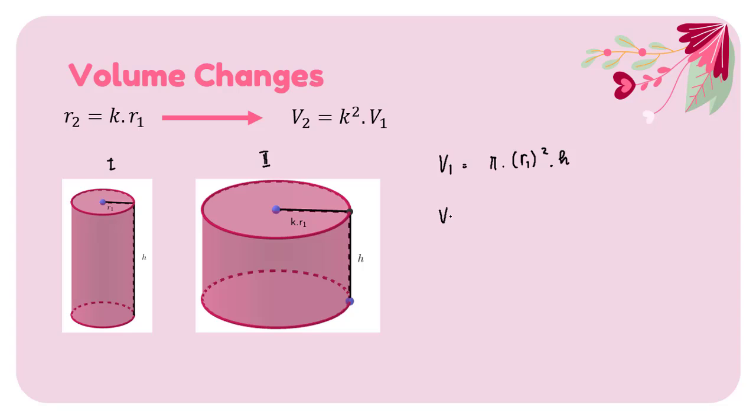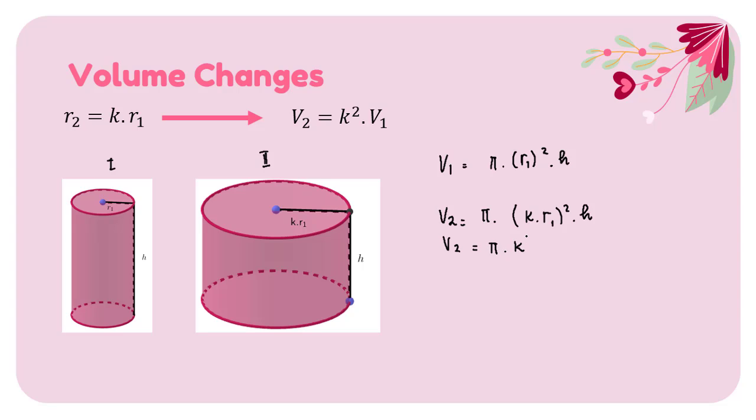So V2, we name it as V2, is equal to pi, because we enlarged the radius k times longer, so we can change the radius into (k times r1) squared times height, because they have the same height, right? And then we can do a calculation.